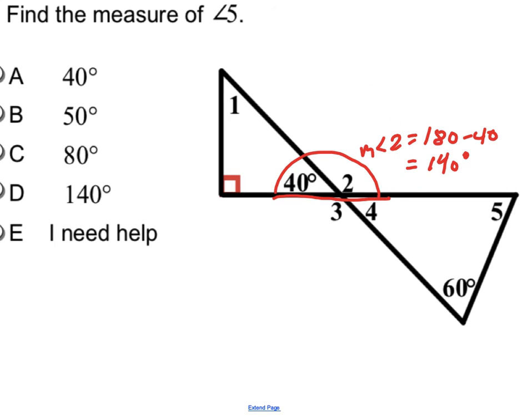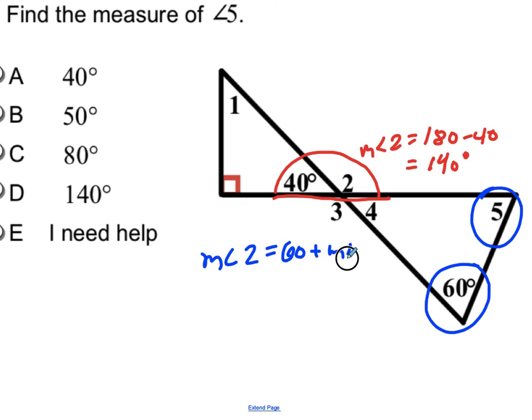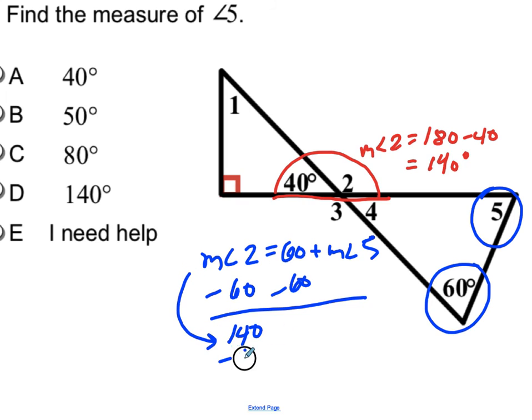I can use the exterior angle theorem to say that the measure of angle 2 is equal to 60 plus whatever the measure of angle 5 is. So in order to get the measure of angle 5, I have to subtract 60 from the measure of angle 2. By substitution, the measure of angle 2 is 140, and 140 minus 60 is 80. So 80 degrees is the measure of angle 5.